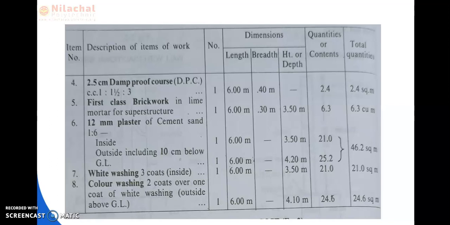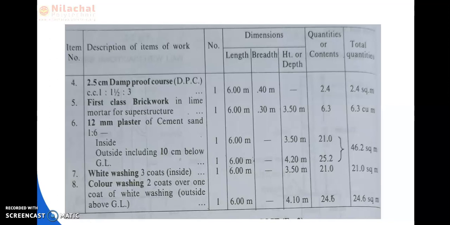In the case of a horizontal surface like a floor, to define the area, we go through length into breadth. But here we are plastering the wall, which is a vertical structure, so we go through length into height. So no breadth is required. Length is 6 meter, no breadth is provided, and height is 3.50 meter.